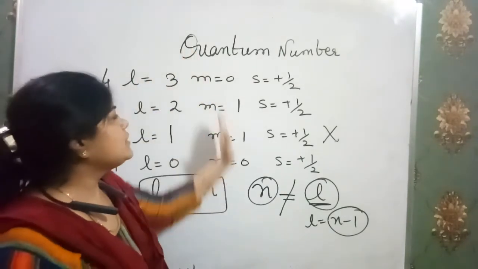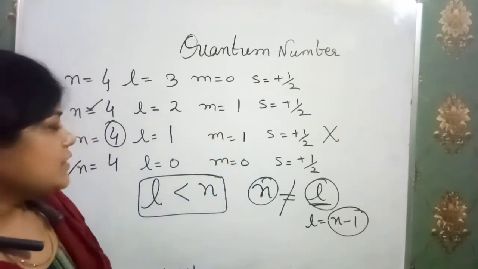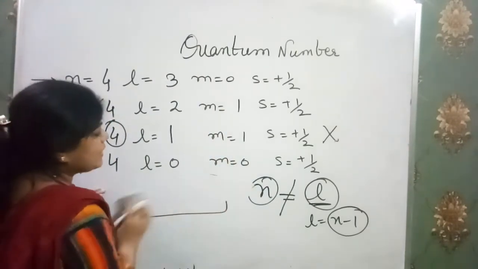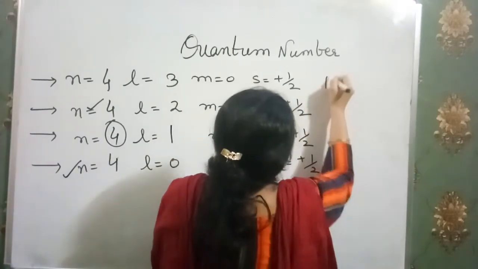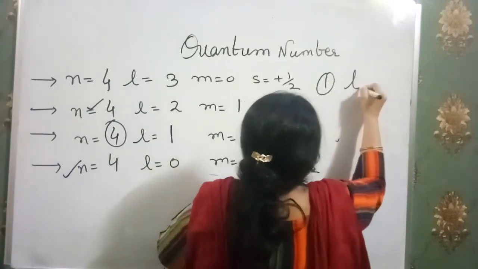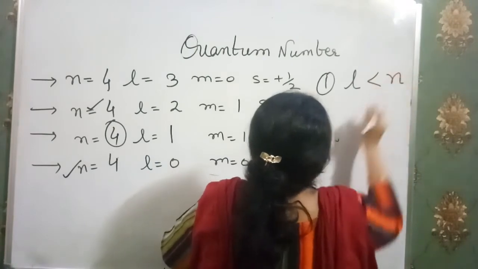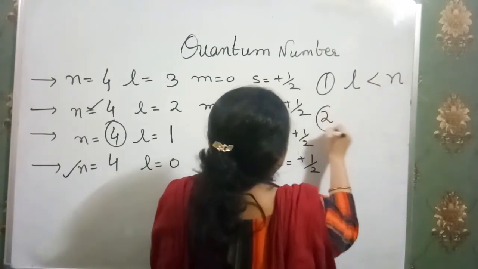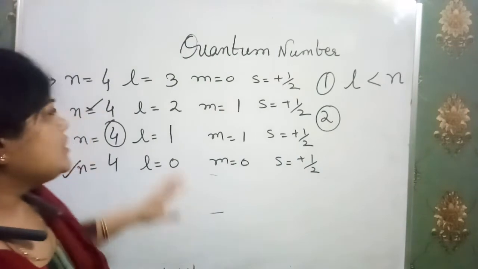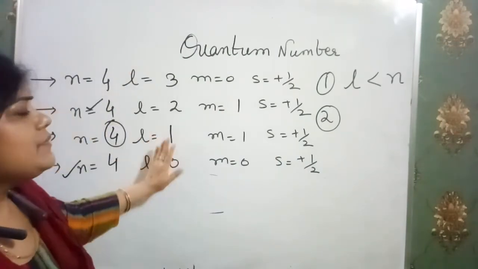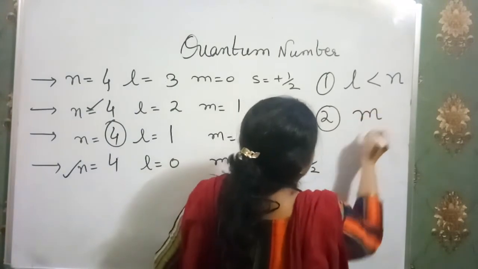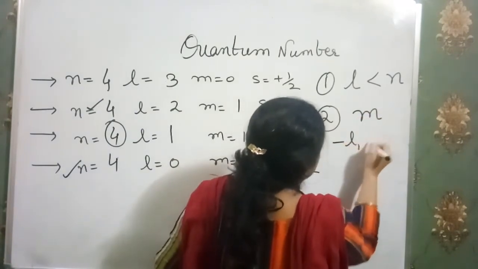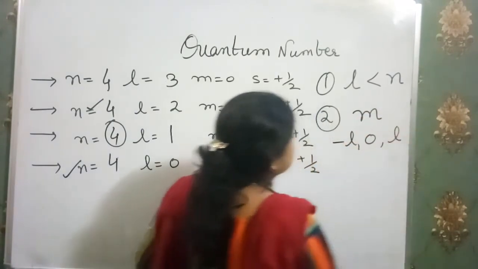Now we check the third case, the values of M. Firstly we check the first condition, that the value of L must be less than the value of n. If we check this condition and in all cases we find the same thing, then we proceed to M. The value of M must be from -L to 0 to +L.